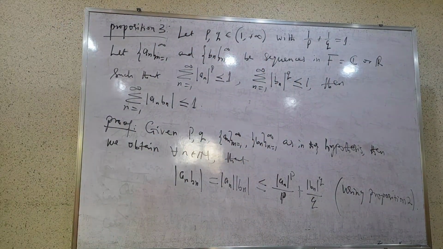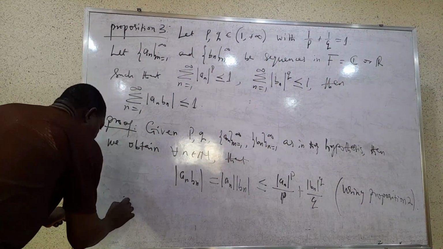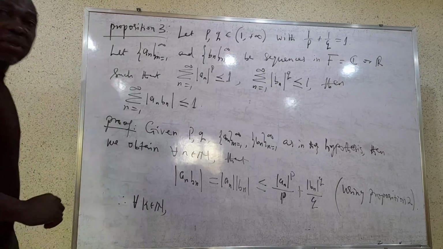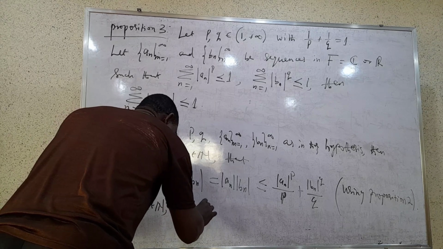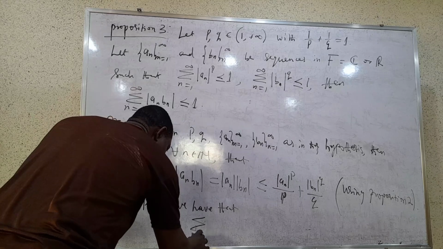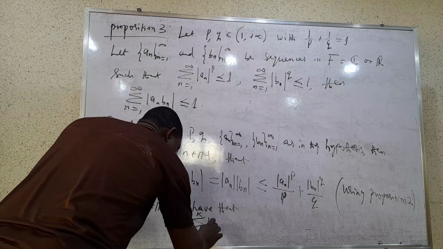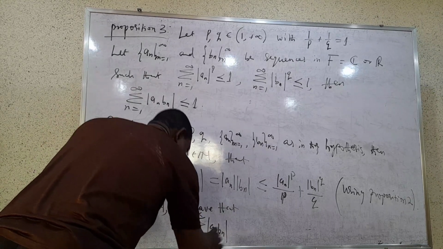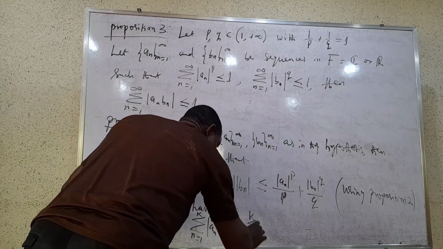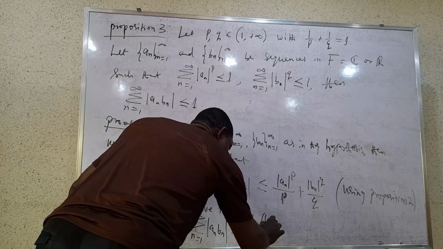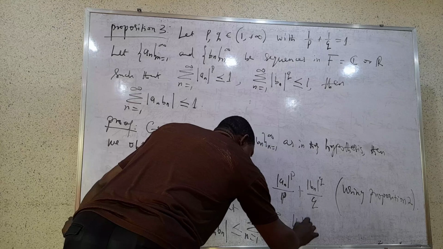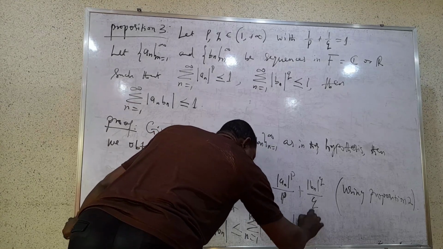So what does this mean? This means therefore, for any k in the set of natural numbers, we have that the summation n equals 1 to k of the absolute value of a_n b_n will be less than or equal to the summation n equals 1 to k of the absolute value of a_n to power p over p plus the absolute value of b_n to power q over q.